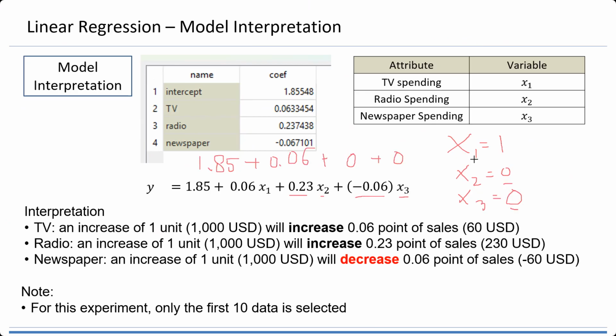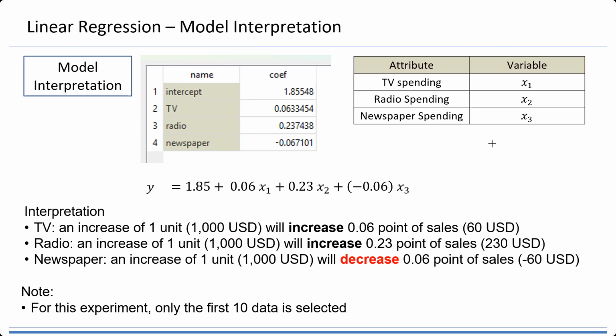So I can say that if I spend 1,000 US dollars on TV, then the sales will be 1.85 plus 0.06, or we can say 1.91, or this is 1,910 units. Okay.